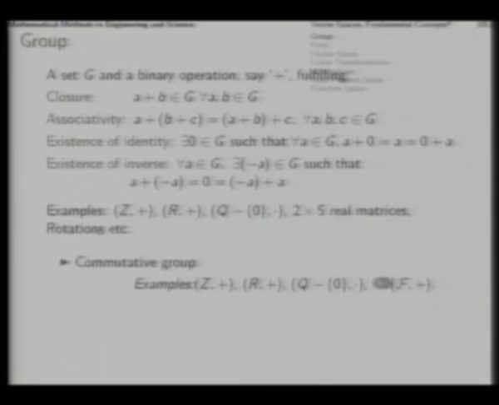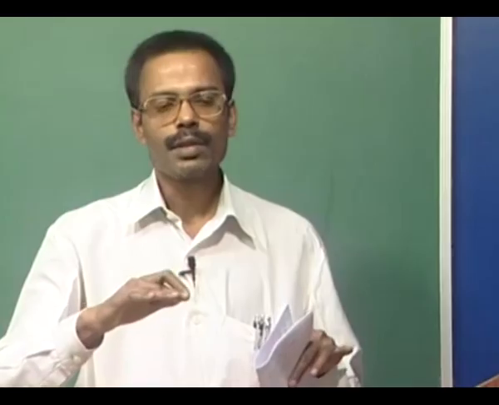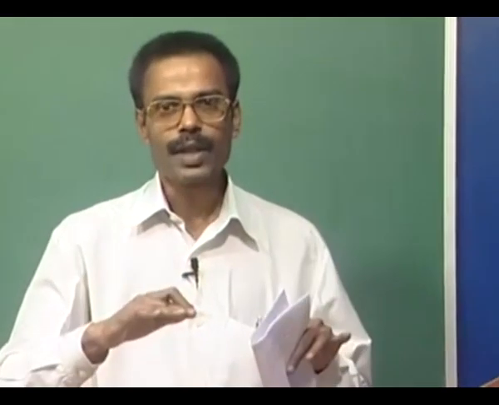So, this is an example of a non-commutative group. There is something called subgroup. A subset of G with the same binary operation can constitute a group itself if it fulfills these requirements. In that case, that is called a subgroup of the original group.